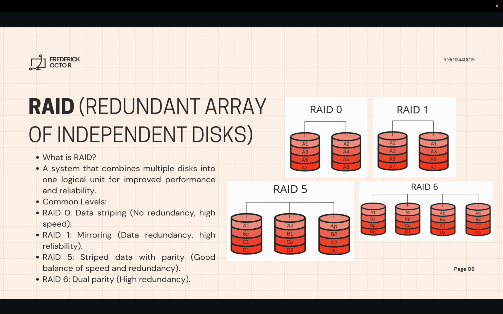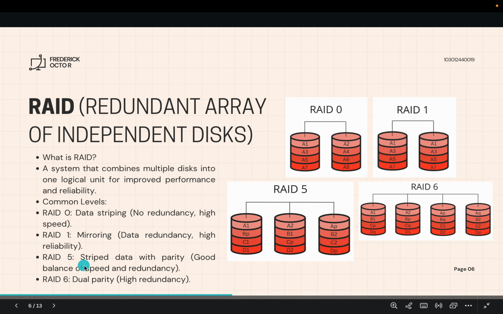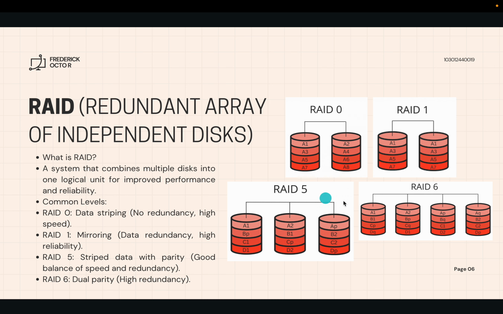Common RAID levels include RAID 0, RAID 1, RAID 5, and RAID 6. These are data striping, mirroring, striped data with parity, and the last, dual parity. And this image represents RAID 0, 1, 5, and 6, as we can see here.